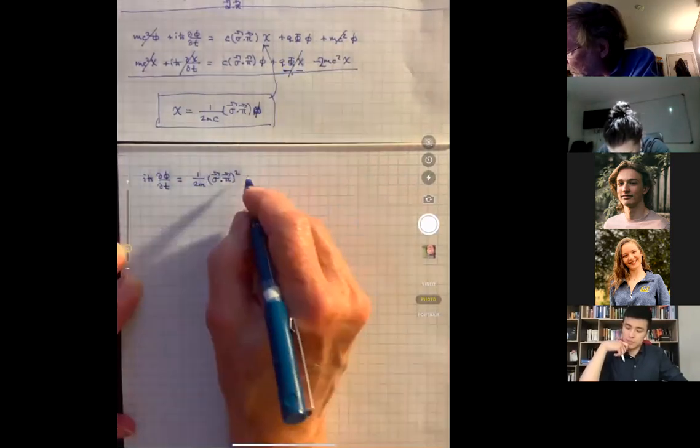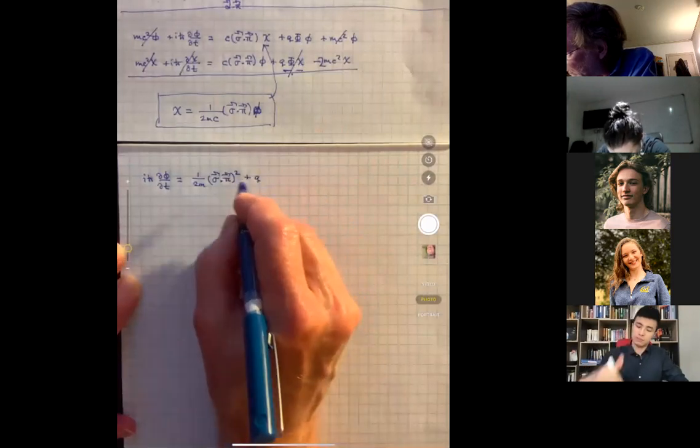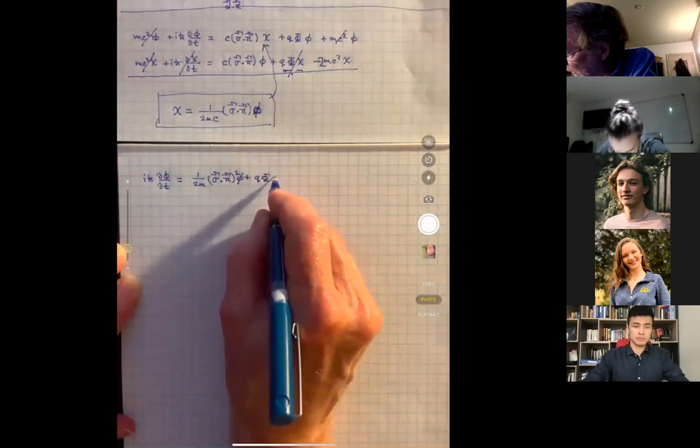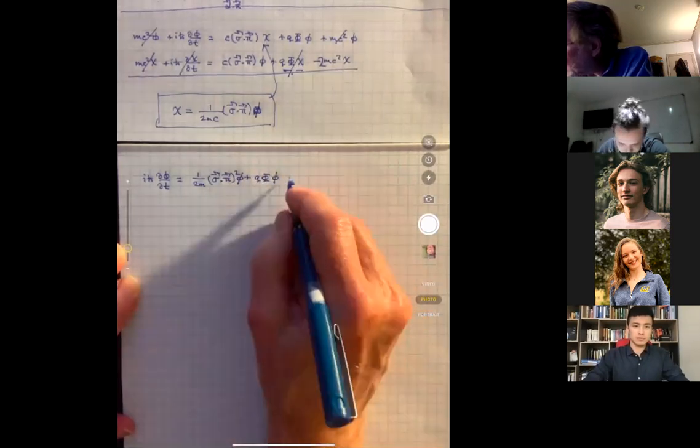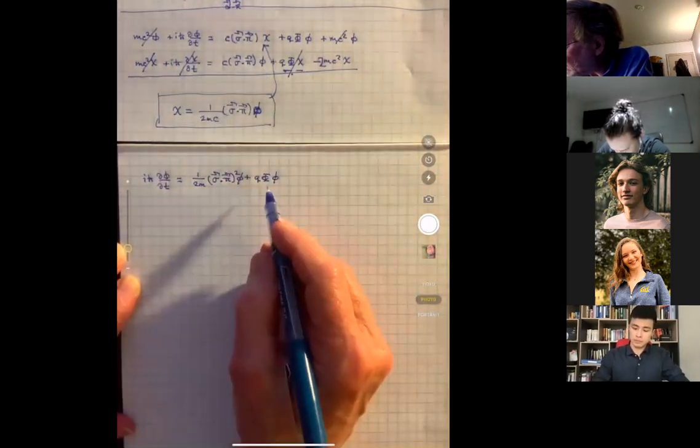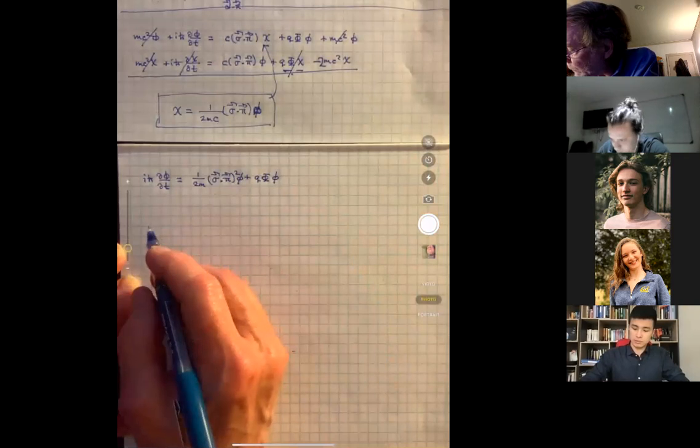Then we get a plus q capital Φ multiplying onto φ. That's all there is. These are the two terms that appear on the right-hand side of the φ equation.